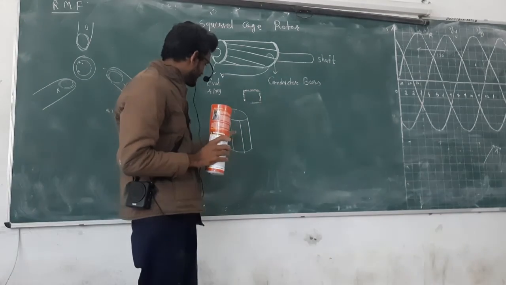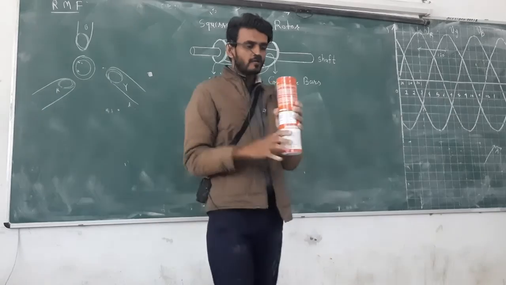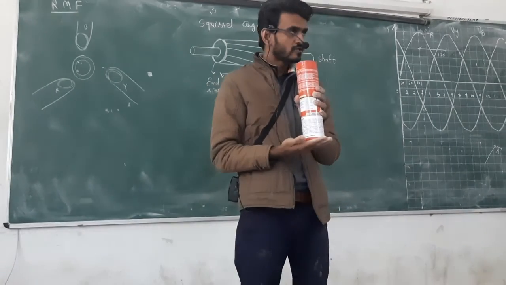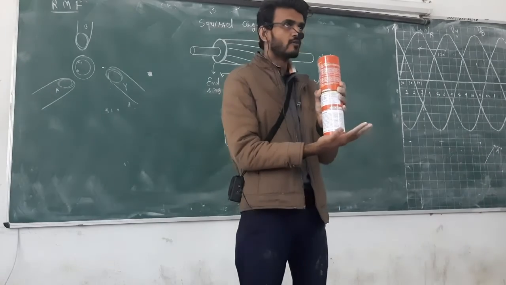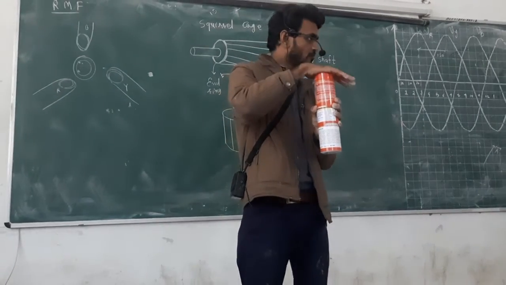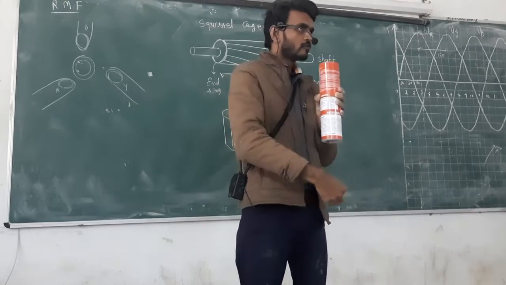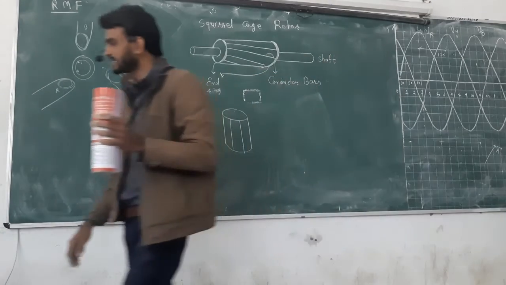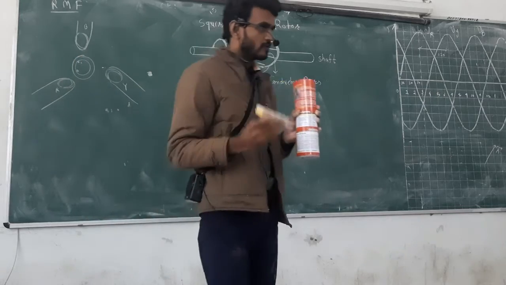The metallic conductors are here. On the top I have a metal ring, and at the bottom I have a metal ring, connected by the conductors, or we can say aluminum conductors. I have a magnet here, N pole, S pole.